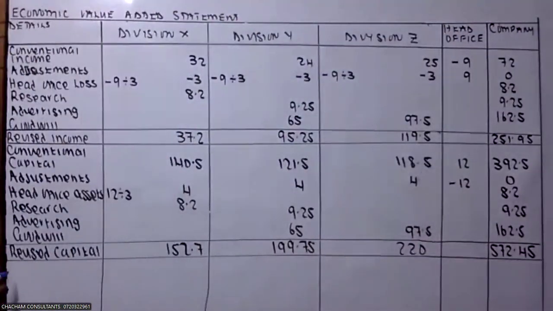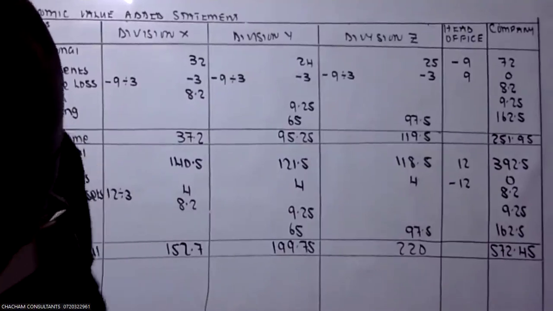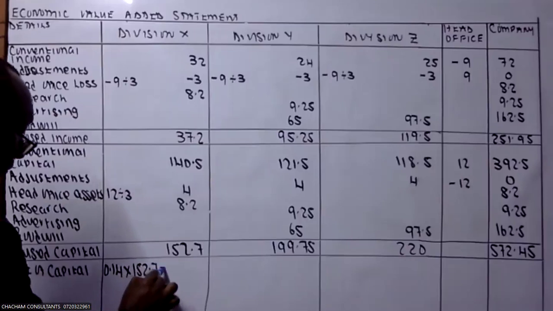Then cost of capital. So this is what, Daniel, you're asking whether we are multiplying by what? So the cost of capital is 14%. So it will be 0.14 times 152.7.